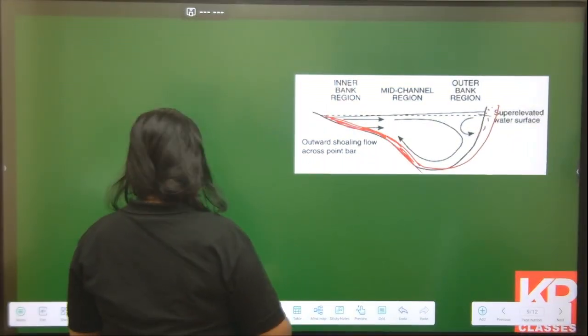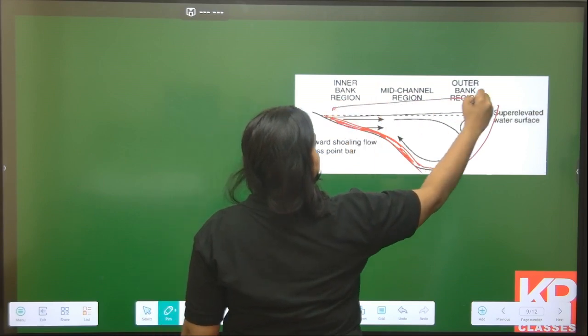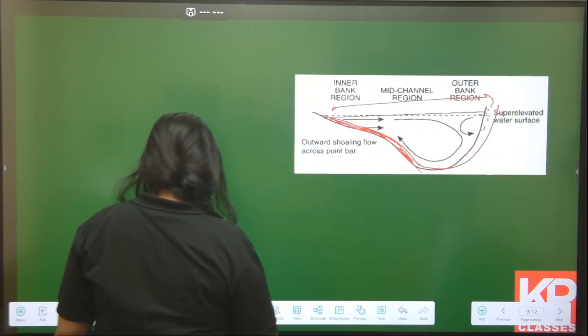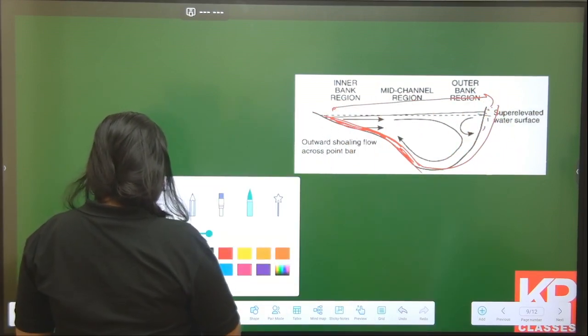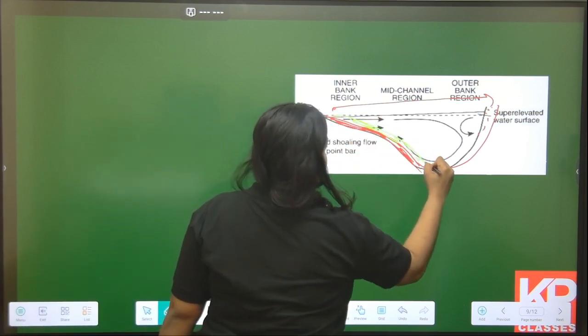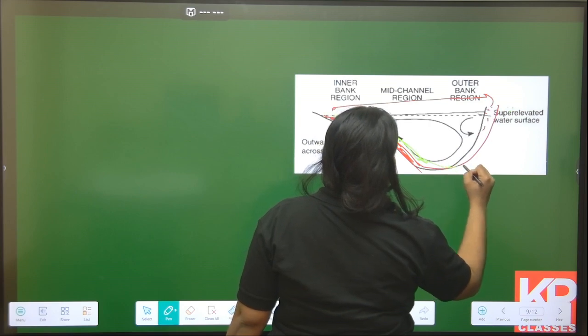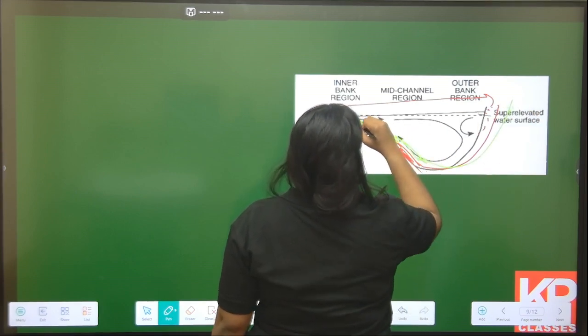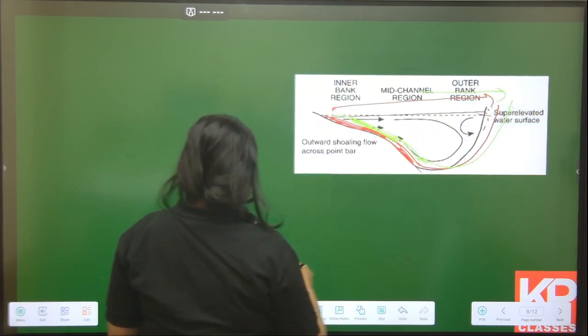So the river channel will be shifting from this point to this side. The river channel shifted. Then again after some time, the next set of deposition happened over here, and another set of erosion happened over here. So this is the channel now. Again the channel got migrated towards this side.